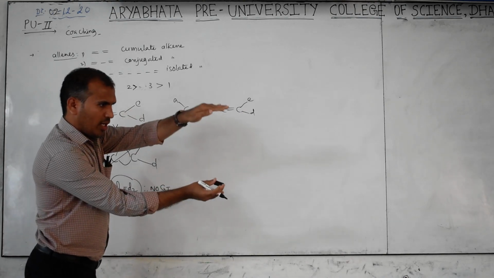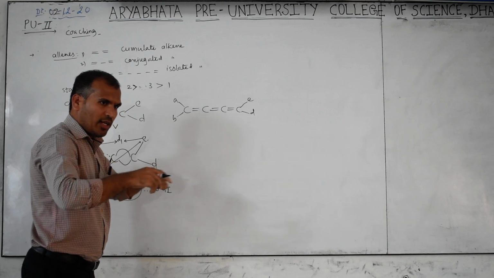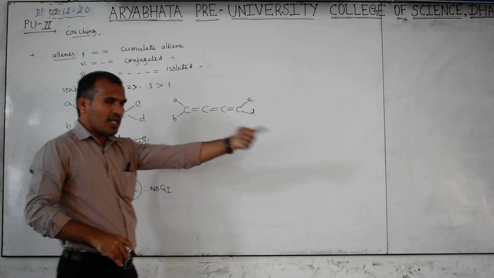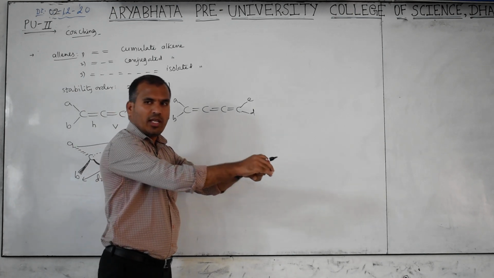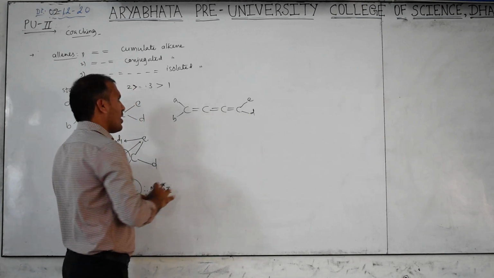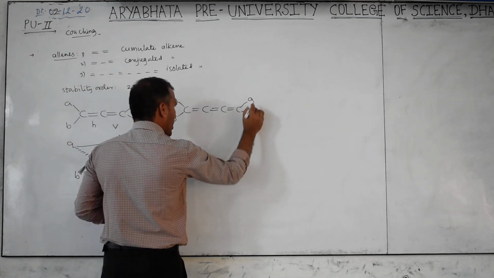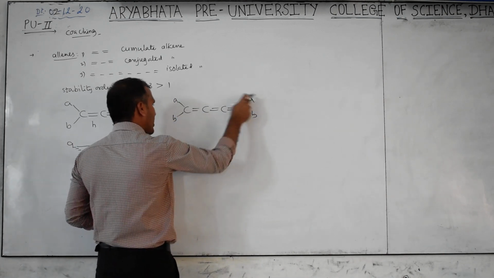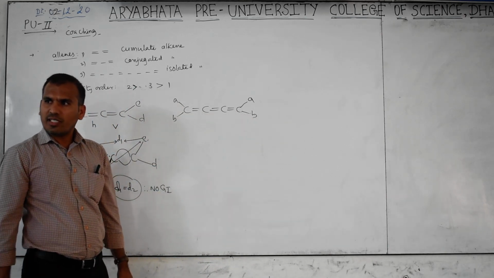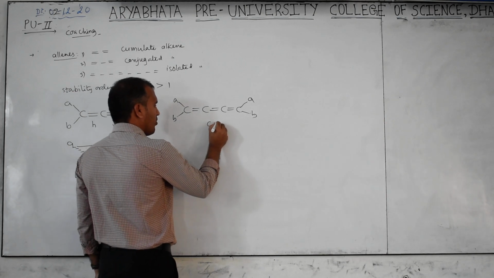Horizontal, vertical, horizontal. Then horizontal means what? Here B, here A. Next, the last bond is which one? Horizontal. Here D, here E. If A is here and B is here, A on the same side, B on the same side, then which form is this? Cis form.